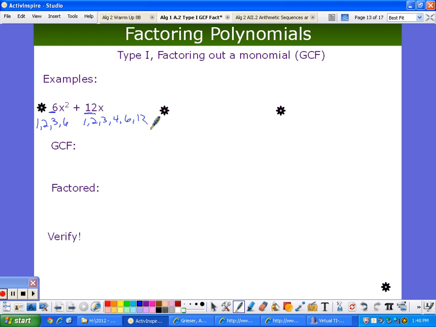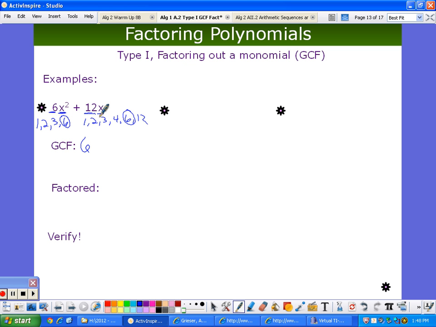The greatest factor they have in common is 6. Is the greatest common factor ever going to be bigger than the smallest number you have? Remember, it's the greatest number in common. It can't be bigger than the smallest one you have. All right, so that's how we work with the numbers.